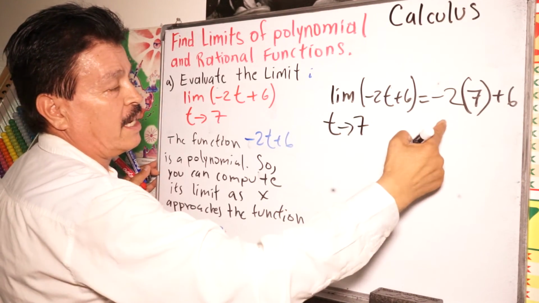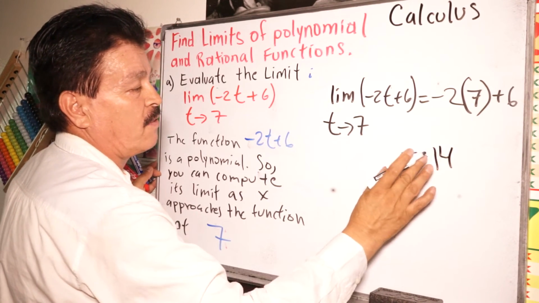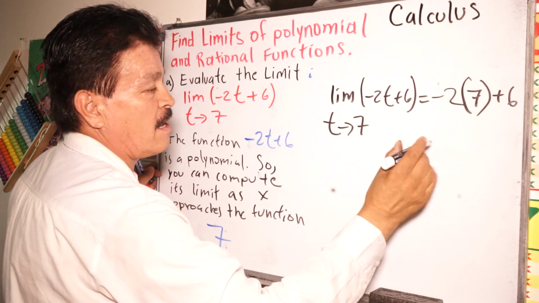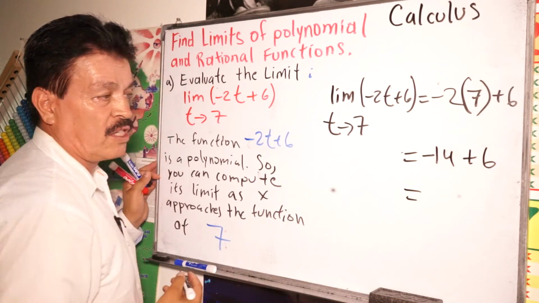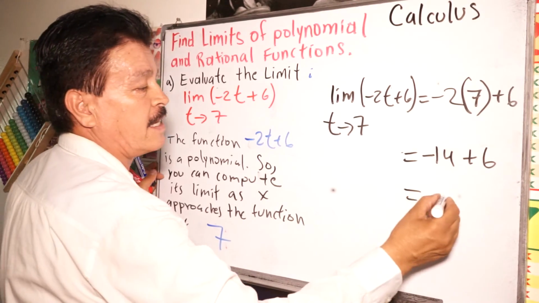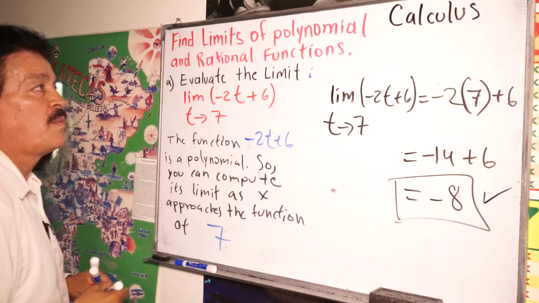So this equals -2 times 7 is -14. Negative 14 plus 6 is negative 8. So right here is the solution.